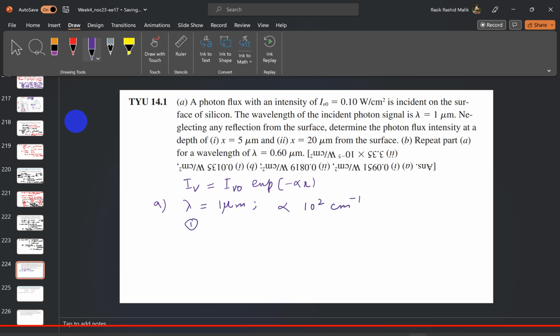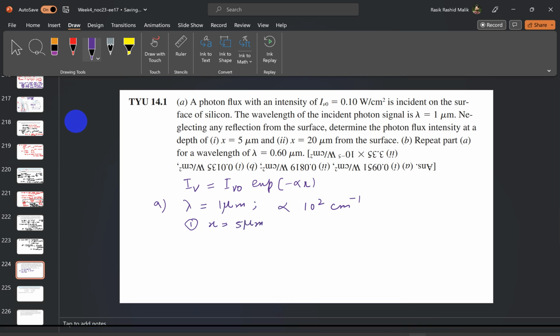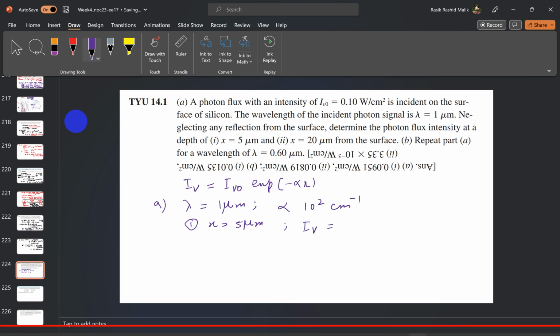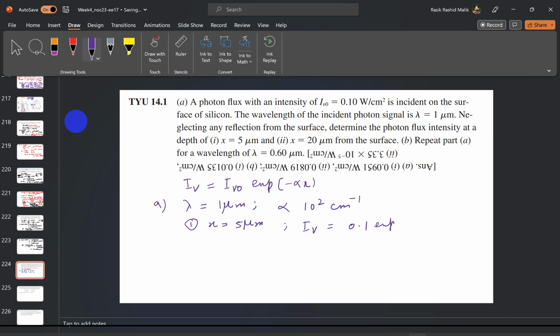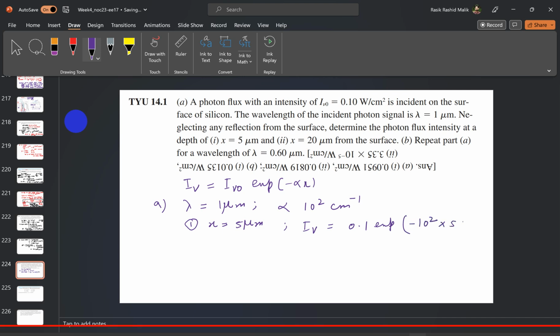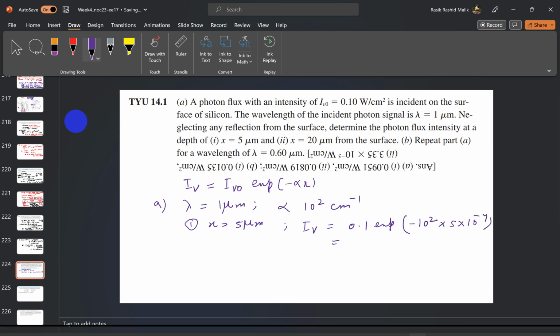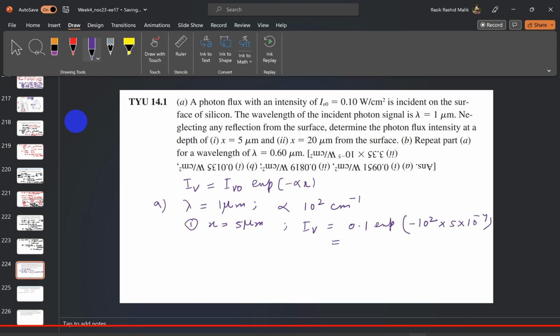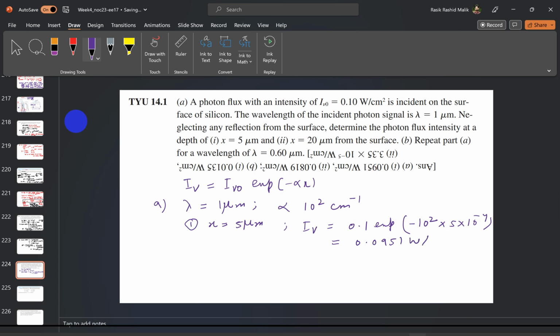And if we now go to x equal to 5 micrometer, IV will be simply 0.1 is the incident flux exponential of minus 10 to the power 2 into 5 into 10 to the power minus 4. So that is simply equal to 0.0951 watt per centimeter square.